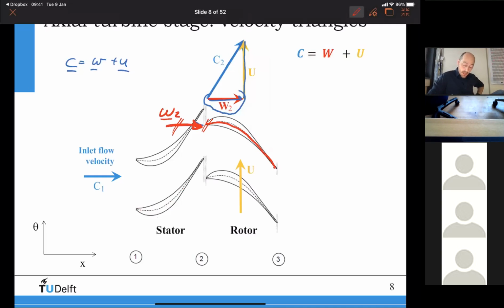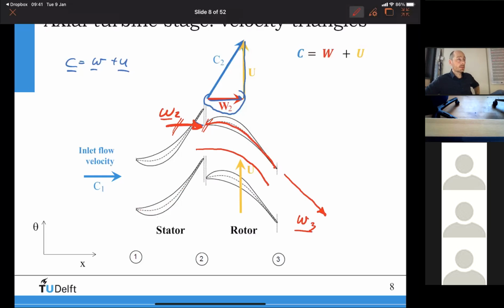And so the question is now, how will the velocity look like at the outlet of the rotor? And of course, the velocity in the relative frame of reference will again follow the blade angles. And then I will get a W3, which is this one here, my outlet vector.